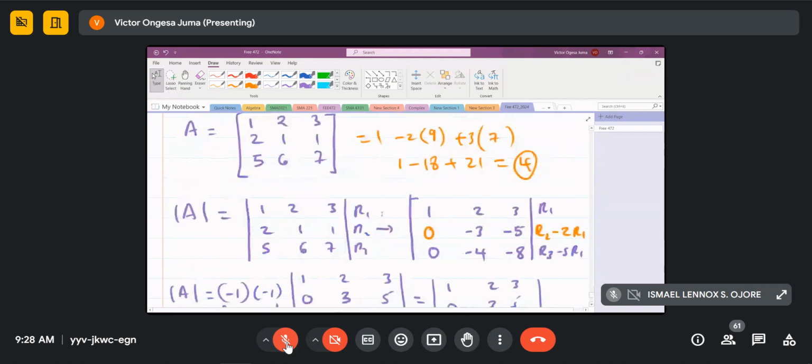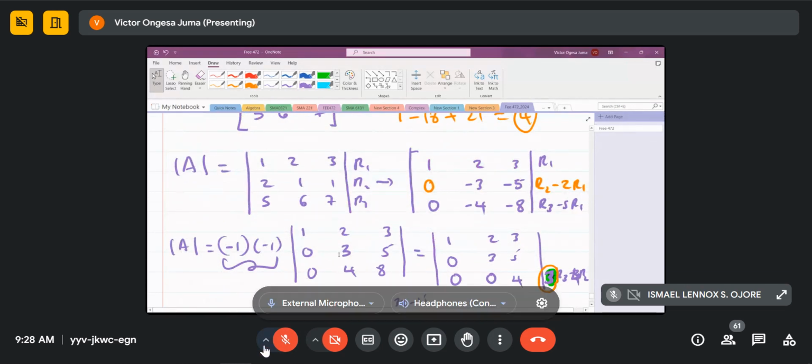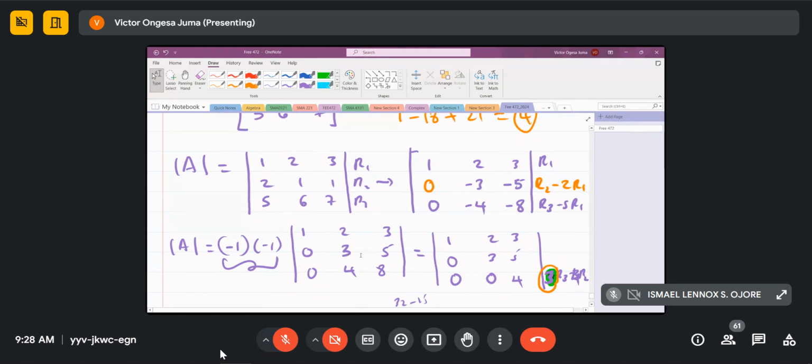Even here, when I obtained this new matrix, for me to move this to a positive value, I multiplied the determinant by negative. And then I also multiplied this by negative for them to be positive. So in the end, I should divide by the same values I multiplied by, -1, -1.